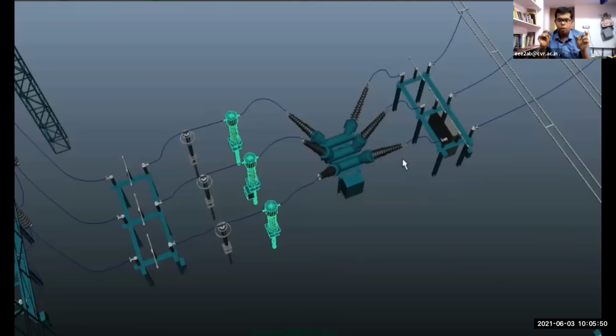But if you are placed in future in a substation, 33 by 11, or 440 by 220, or 11 by 440, like that, you will be very, very careful.